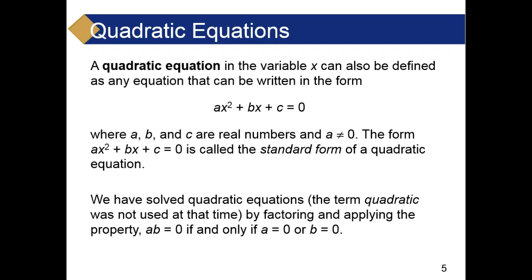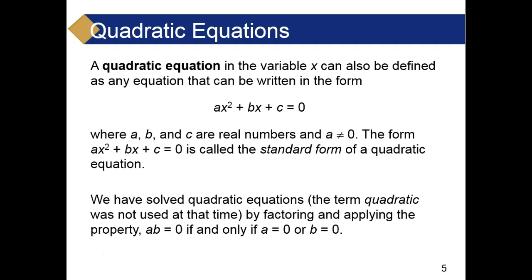If A were 0, that wouldn't be a quadratic equation, would it? Because this first term wouldn't exist. 0 times x squared would be 0. You'd have bx plus c equals 0. That would be a linear equation. That's the reason A can't be 0. It would be an equation, it just wouldn't be quadratic anymore. And that's called the standard form of a quadratic equation.